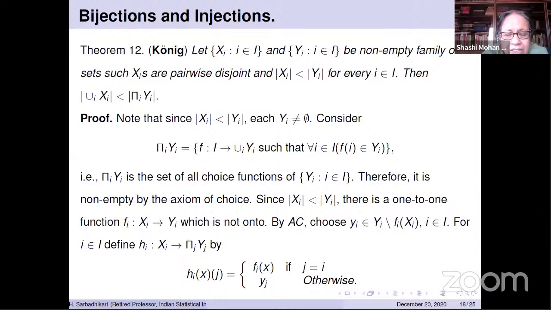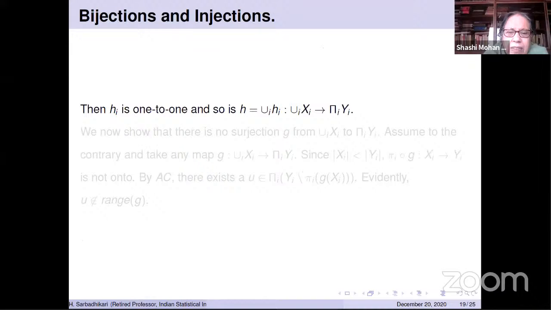So for h(x), the ith coordinate is fi(x), where x is in Xi, remember. So fi was that function going from Xi into Yi. The ith coordinate is fi(x), and all other coordinates are corresponding y's outside the range of the f's. This is yj if j is not equal to i, and yj is outside the range of fj. And that makes this one-to-one.